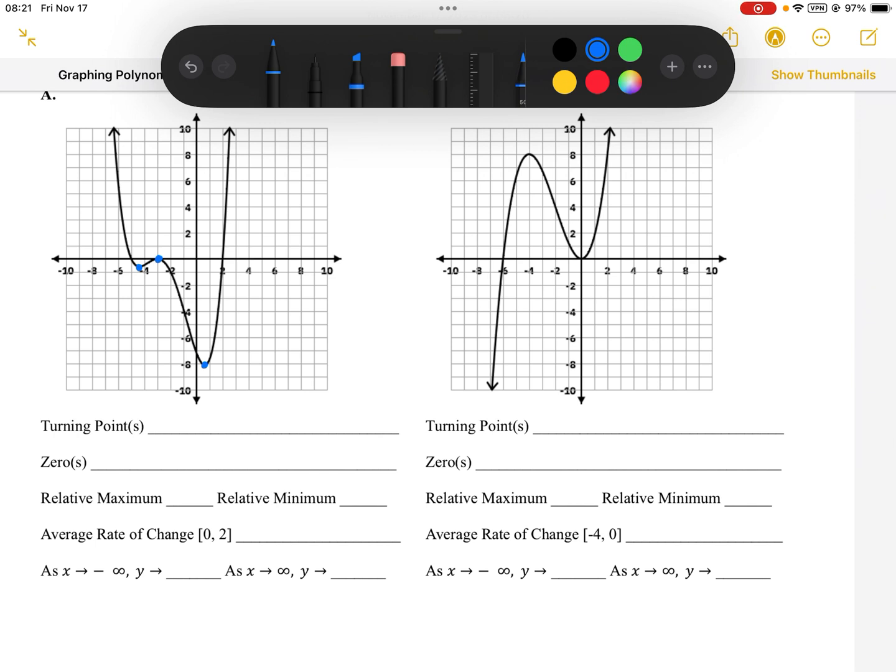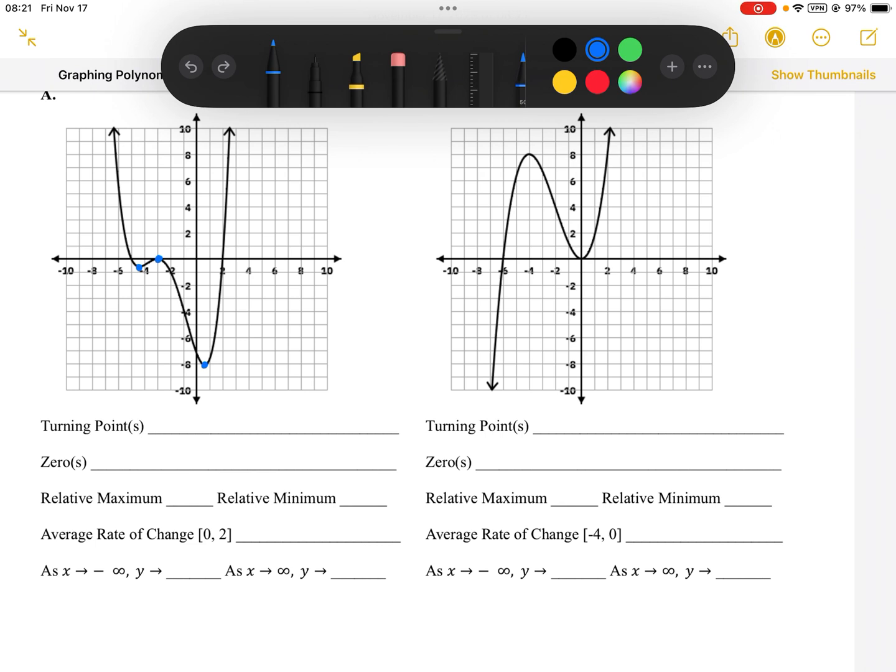You're kind of looking at the middle of the curve. From the left-hand side, I'm starting to decrease, decrease, decrease, and then at that point, I start to increase. So we have 3 turning points.